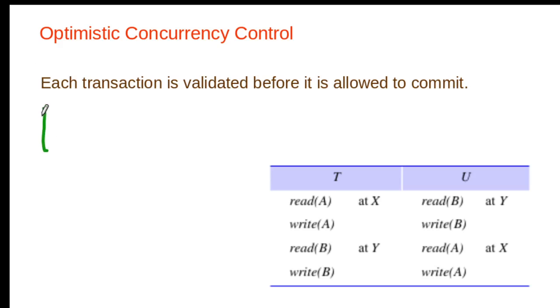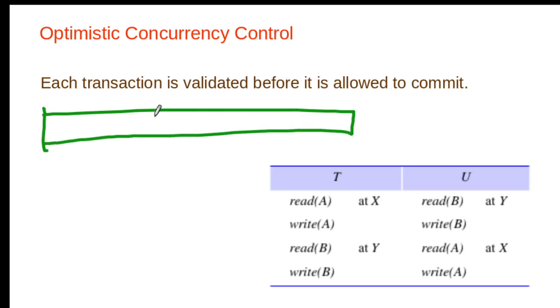Suppose this is the lifetime of a transaction. The first phase will be the working phase, then you will have the validation phase, and then you will have the update phase.